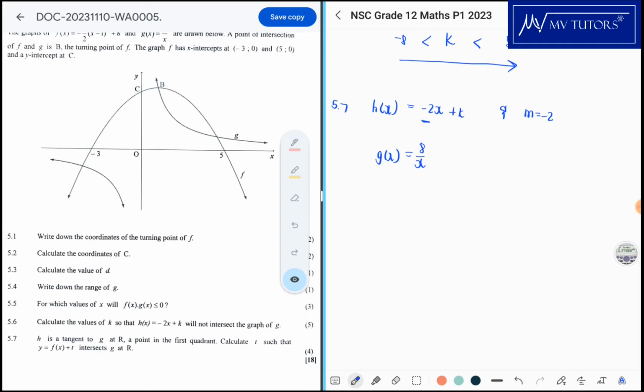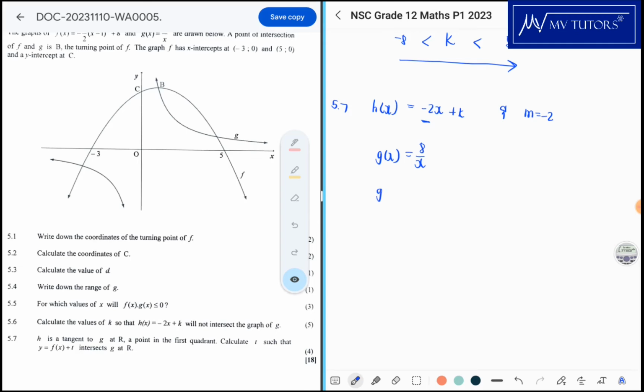And once I know what my point R is, I can substitute it in the f of x formula, or in my y formula where it's equal to f of x plus t. And after doing that, I can get the value of t. Okay, so let's see what we can do here.